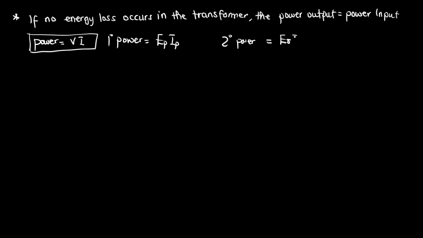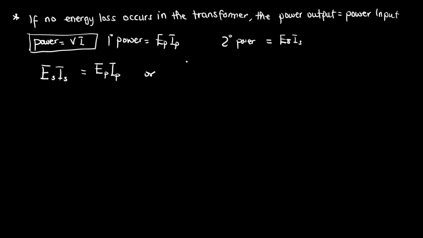ES IS. Are you okay? So we are saying that if no energy loss occurs, then ES IS, which is the power output, should be equal to EP IP, the power input.